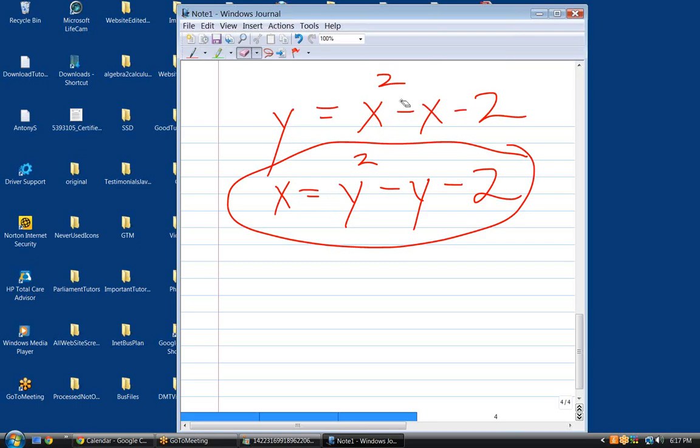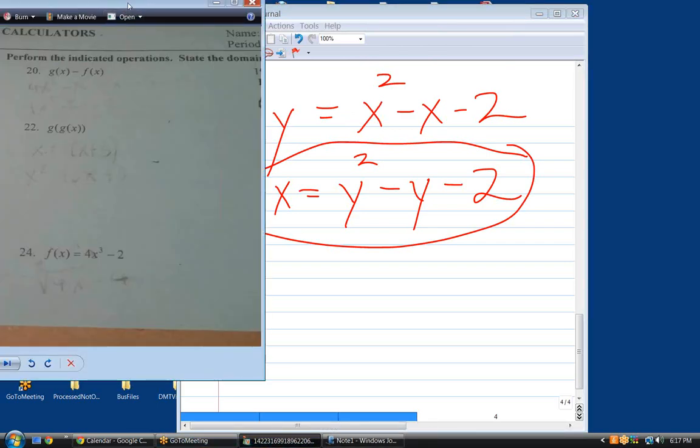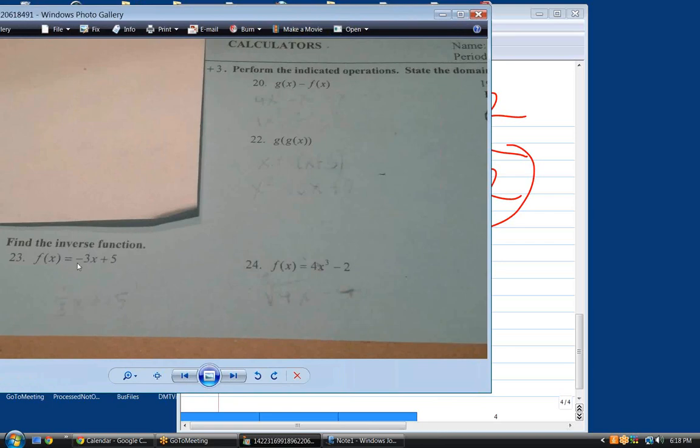They're not going to be quadratics, because quadratics are really hard to solve for the inverse. Notice the two problems they gave you. One was linear. That's linear. And that's cubic, because I could solve for y.